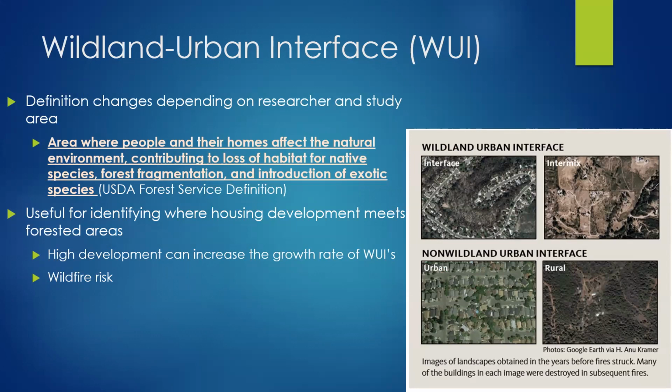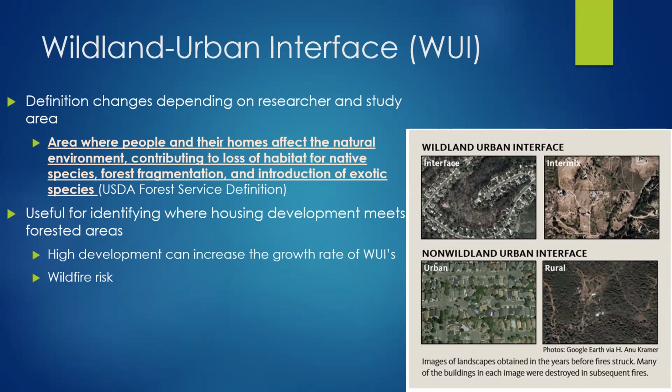It does bring into account the homes in direct contact with dense forests, but it also brings into the discussion the loss of native species, the introduction of non-native invasive species, as well as forest fragmentation and loss of boundaries.